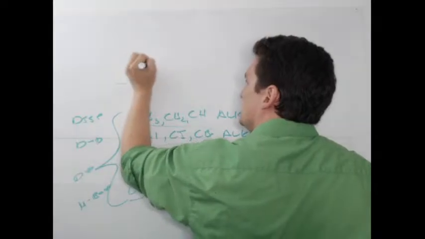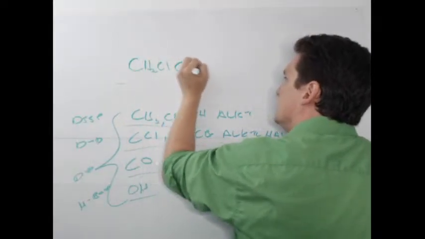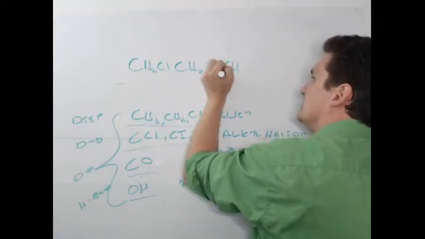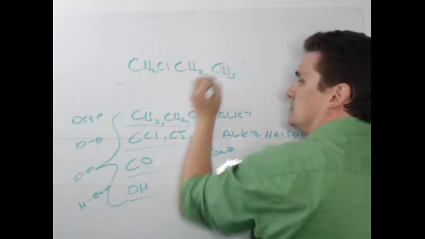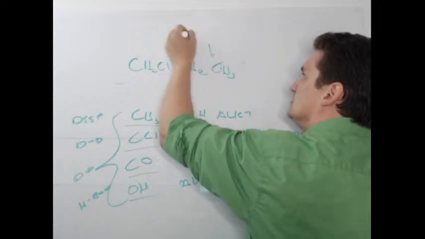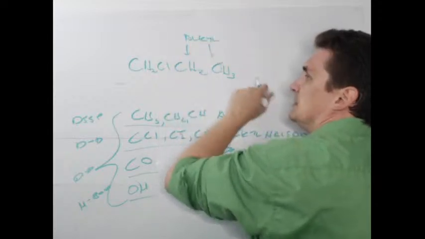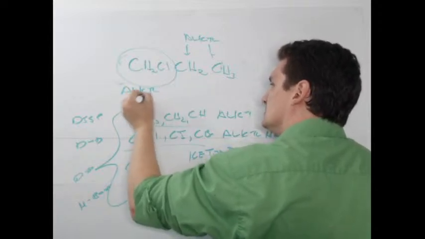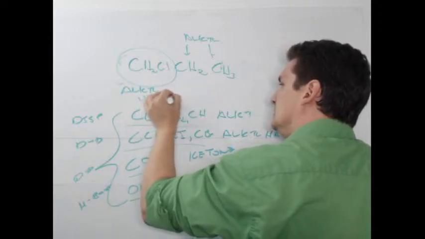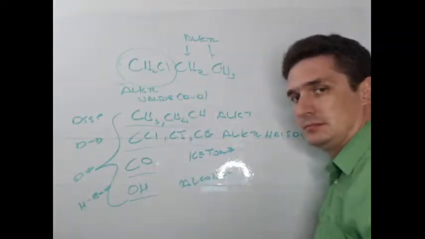If I had CH2, Cl, CH2, CH3, we've got two alkyl, so it'll be dispersion, and then I've got an alkyl halide, and that's dipole-dipole.